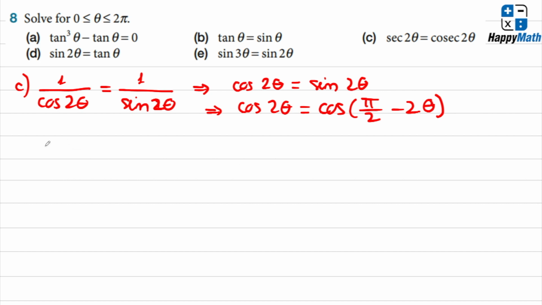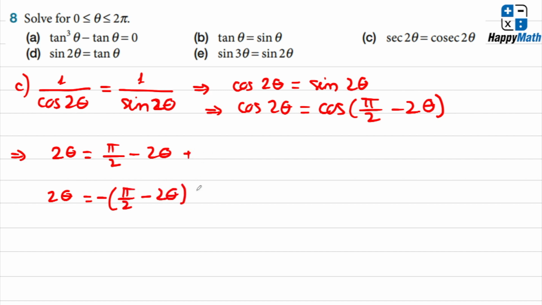And from this you can use the formula for the sine-cosine equation. The first one you will have this, and the second one you will get the opposite angle of this one, opposite, and then add 2 pi times k, like here.